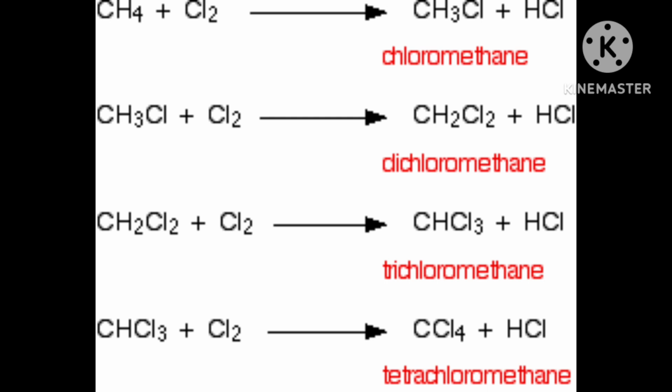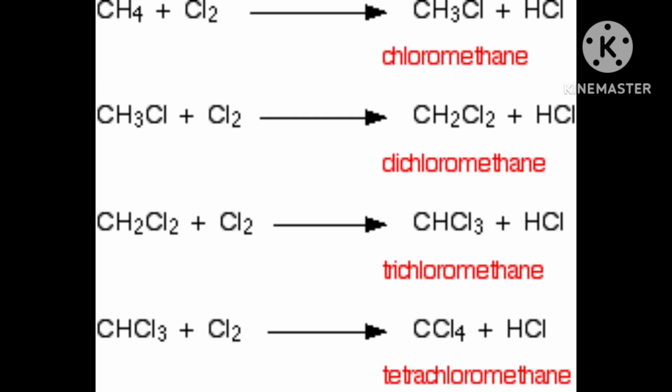Now the rate of replacement of hydrogen of alkanes, in terms of degree: 3 degree is fastest, then 2 degree, then 1 degree. When CH3 is there with 3 H, the first H will react, that is called 3 degree, fastest.